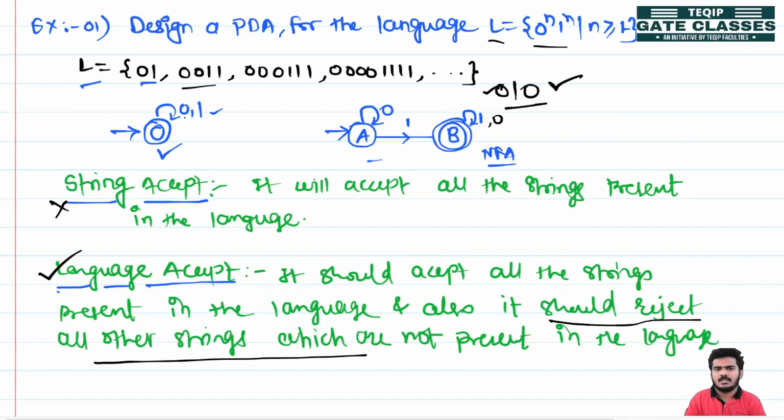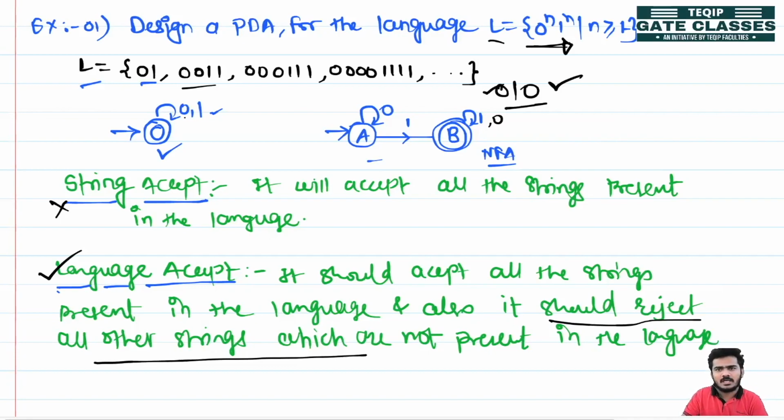It should accept all the strings present in the language. Similarly, it should reject all other strings which are not present in the language. So you can say that designing a finite automata for such types of languages is not possible. That's why we came across pushdown automata, because in that case we need memory.